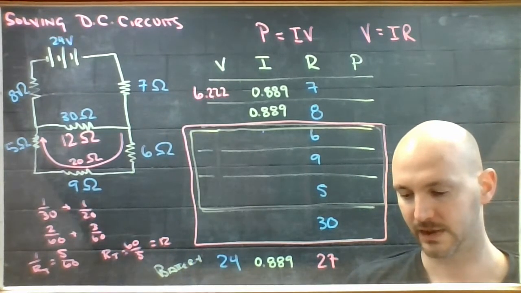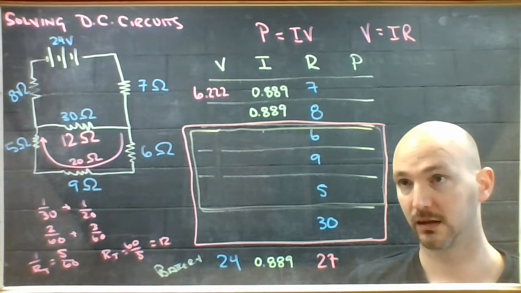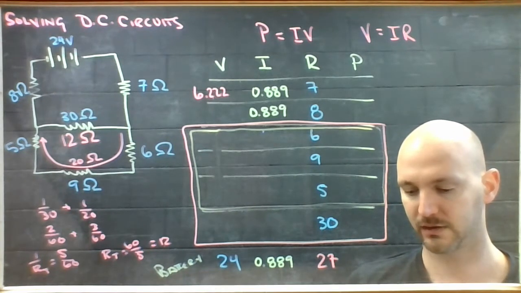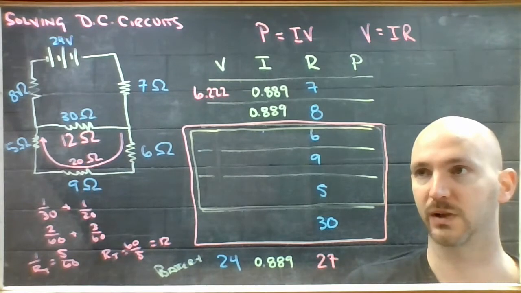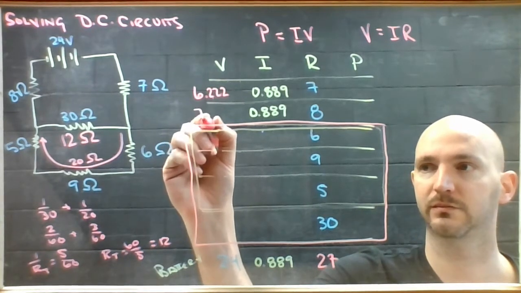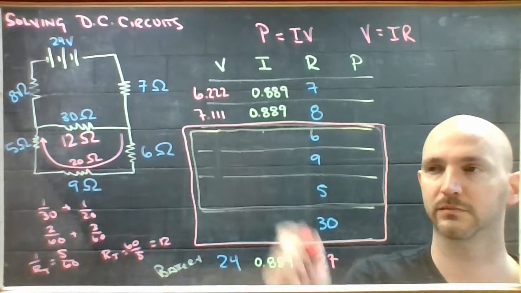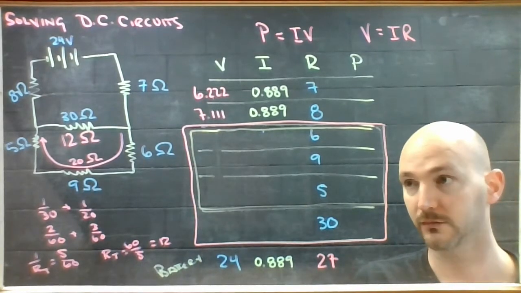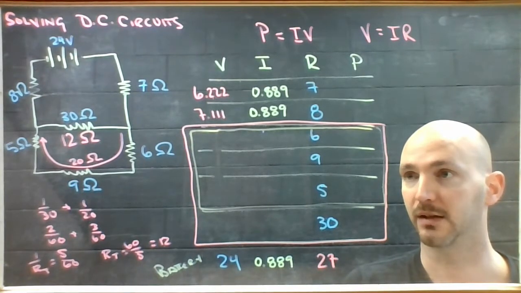And if I take my .889 times 8, I get 7.1111. All right, lovely.